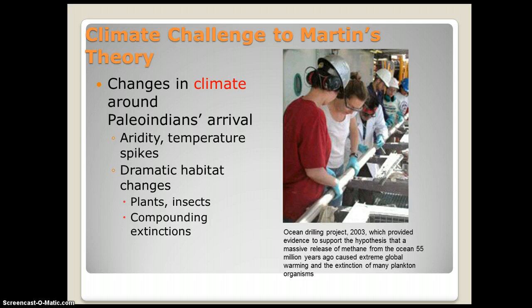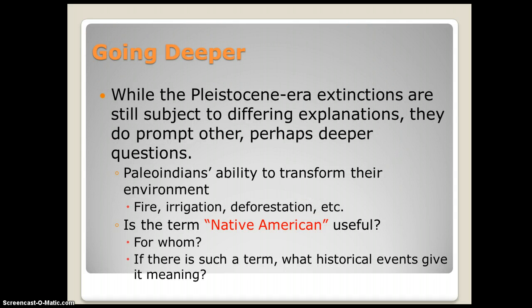This would have had consequences for certain types of vegetation, plants, insects, which would have affected the diet and the ability of many mammals to fend for themselves. So if this is in fact the case, and again, it's speculation, but it's speculation that can be used to at least discredit or cast further doubt upon Martin's thesis.